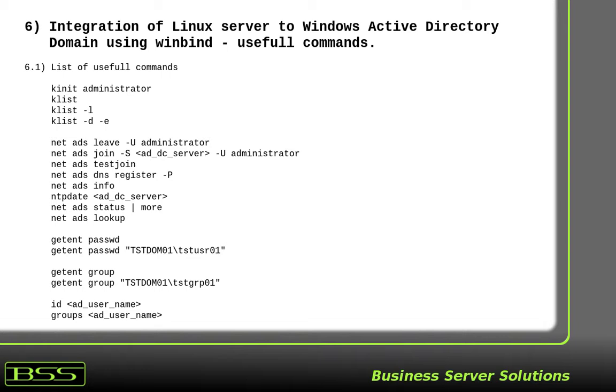Also you can use the id command and groups command to verify the ID of an Active Directory user, or to verify groups and group IDs of an Active Directory user.